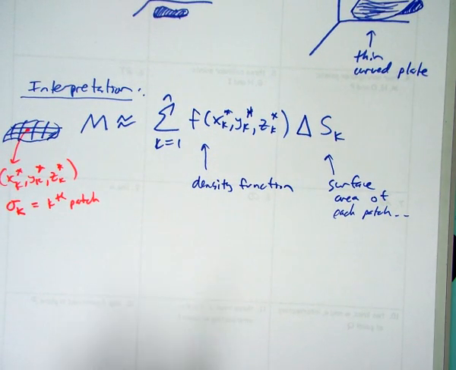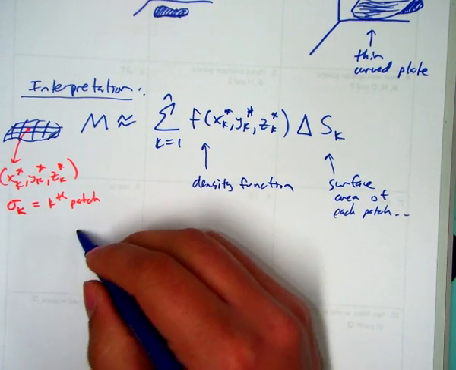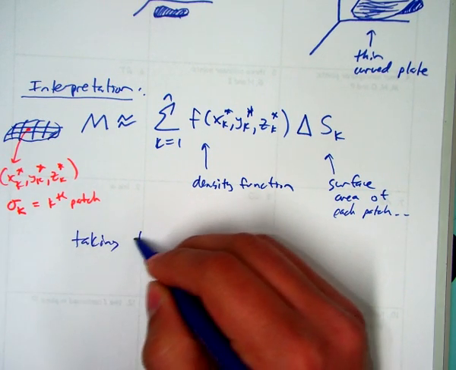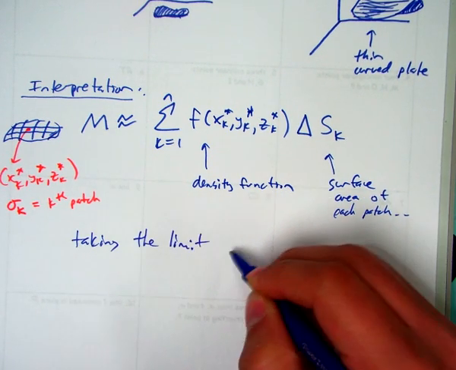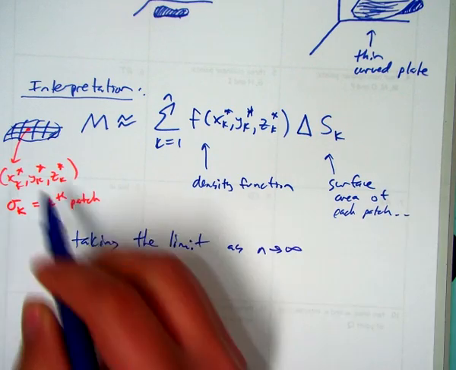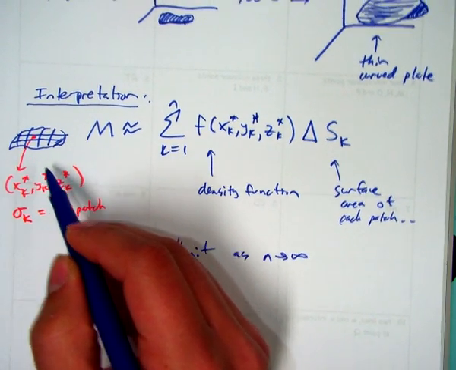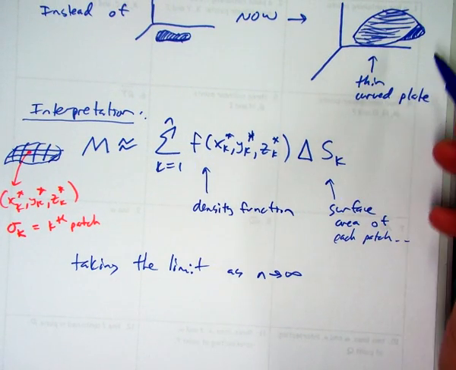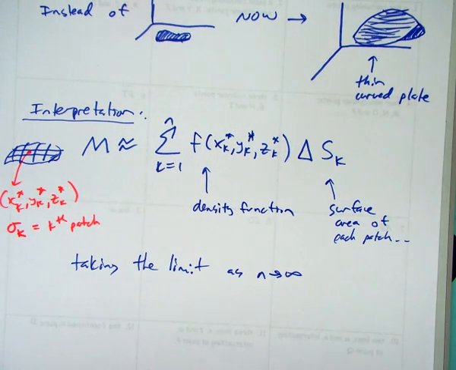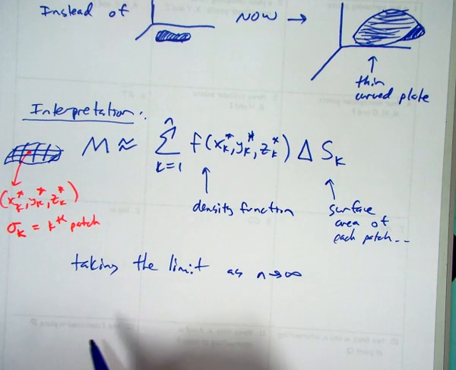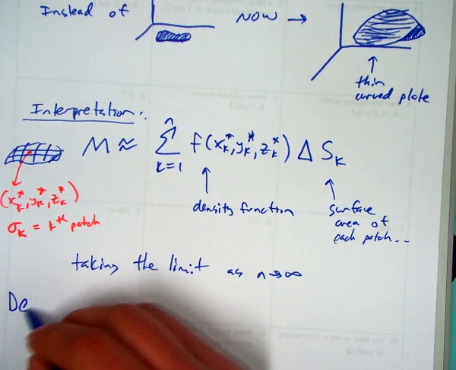And eventually, as we take the limit as n approaches infinity, we're going to add up all the little masses of all the little patches. Eventually we're going to get the mass of the entire parametric surface, and this is where we get our definition from.